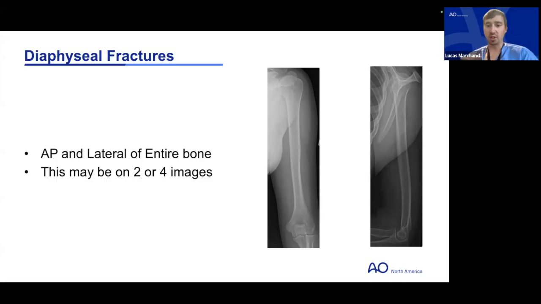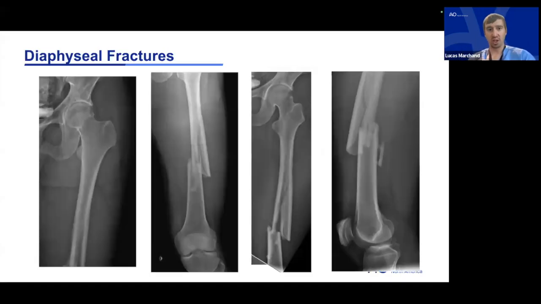Exactly. And that brings me to actually interpretation of this radiograph, which I was hoping Dr. Stephenson could walk us through. Just a quick interpretation of these diaphyseal films of a left femur. So we have AP and lateral radiographs of a left femur, which demonstrates a multifragmentary diaphyseal fracture of the femoral shaft with medial and posterior translation.